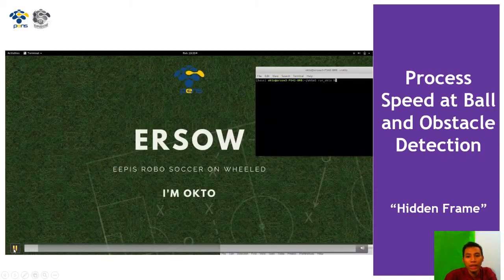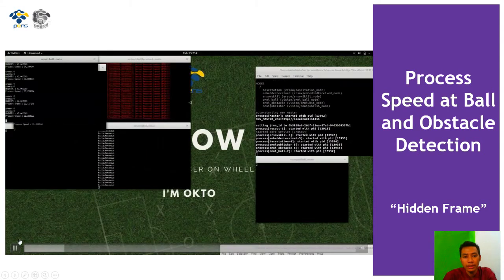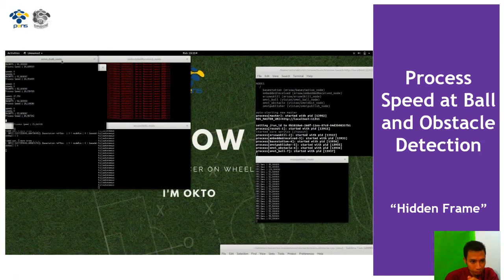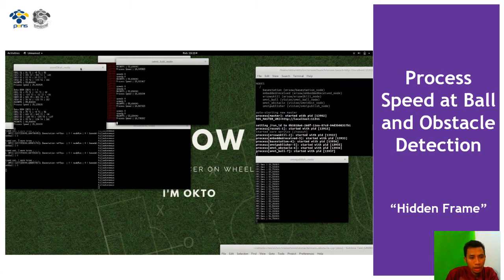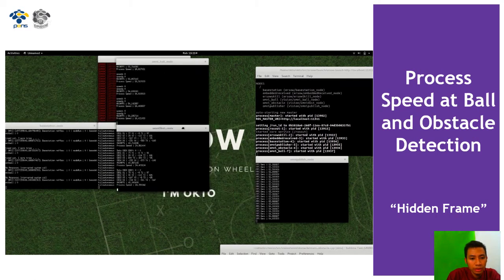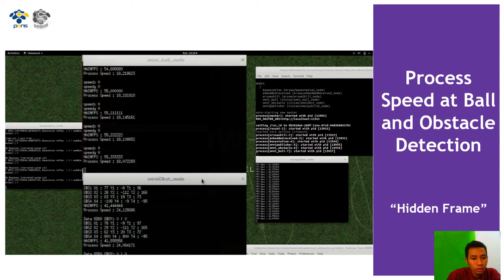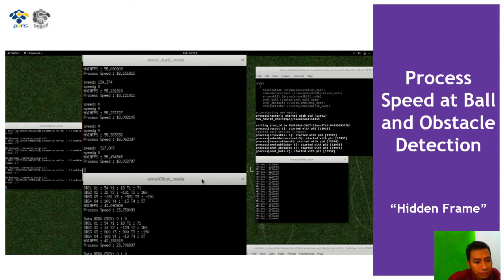Okay, this is the final result of my research. I have used ROS, and this is the result. We got 17 milliseconds in ball detection, and then 23 milliseconds in obstacle detection.